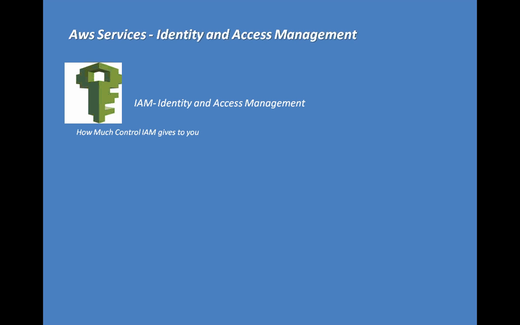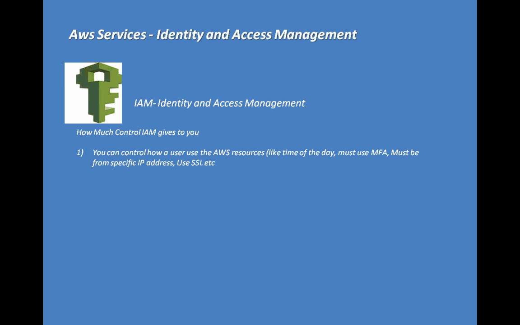Basically, we need to understand how much control the identity and access management provided by AWS gives to you. So as per AWS, you'll be able to control how a user accesses AWS resources, and it provides you fine-grained control access over the resources.